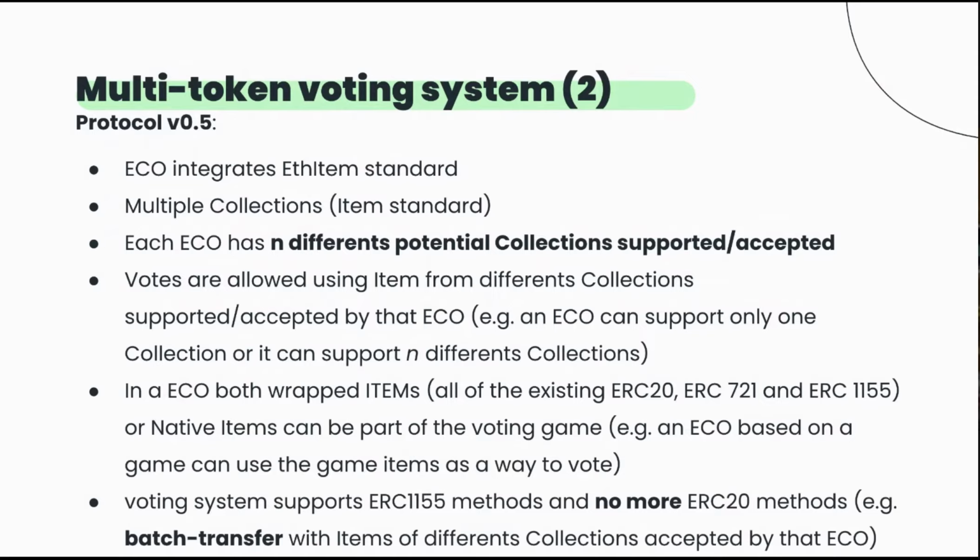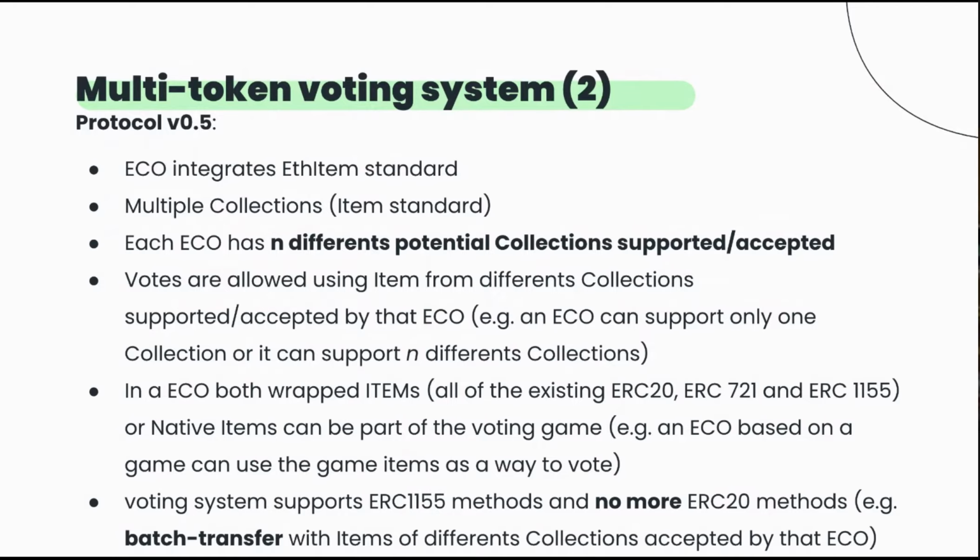So if in the 0.3 we can vote only using that specific token of that specific DFO, in the 0.5 we can vote in the ECO with tokens that are items from different collections that are supported by that specific ECO. So every ECO can support a different collection of items.